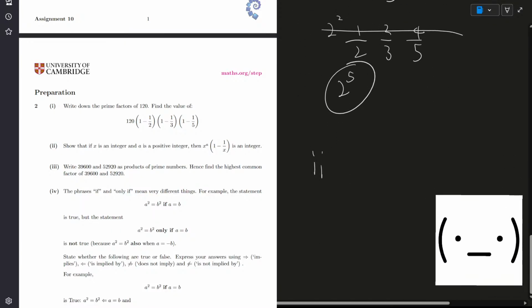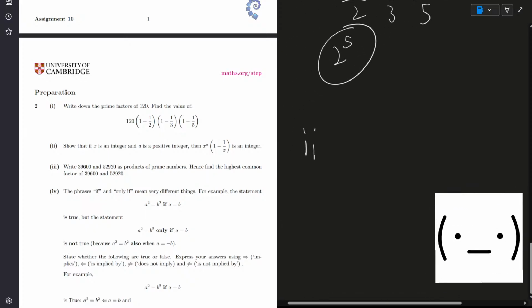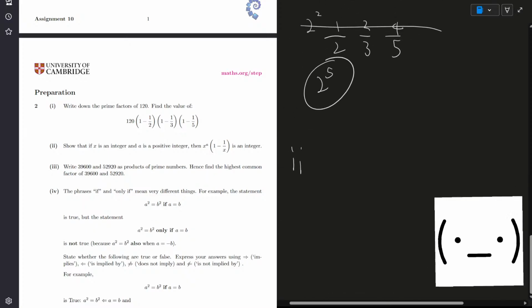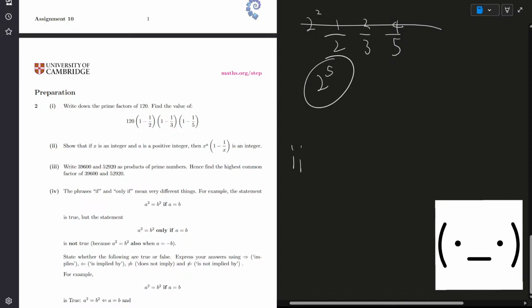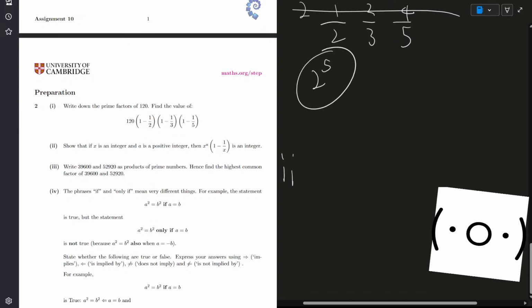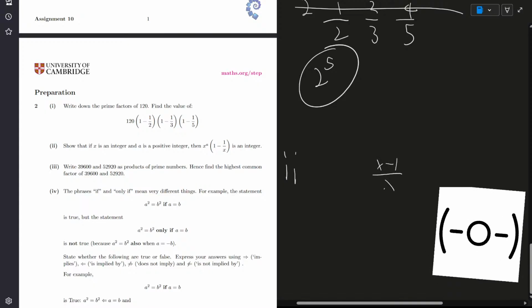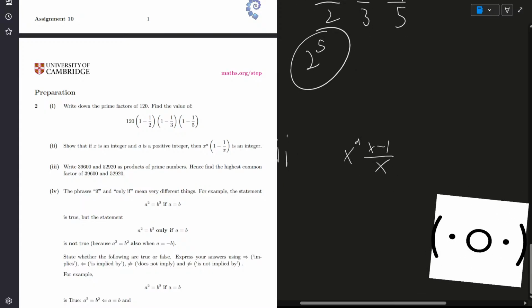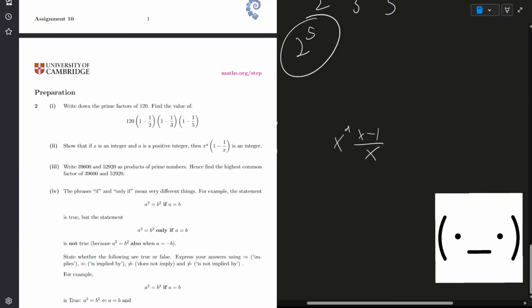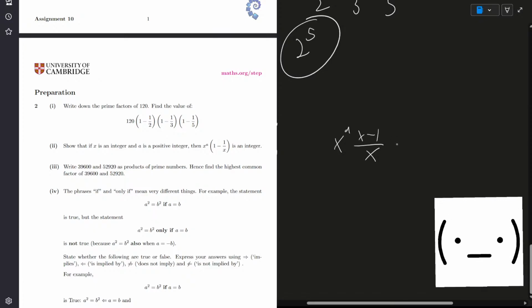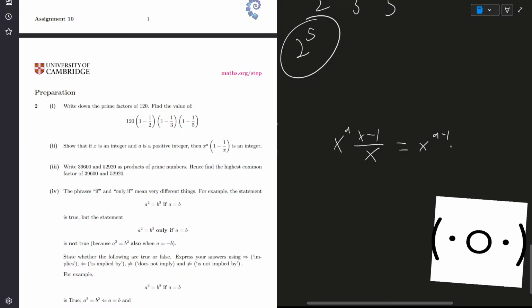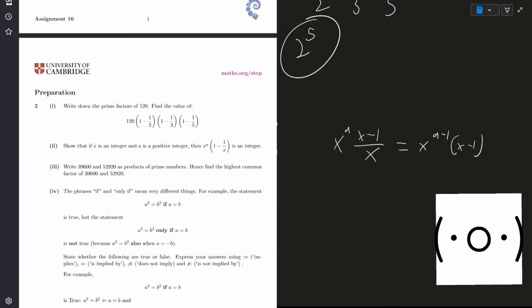Now they've asked us to show that if x is an integer and a is a positive integer, then x to the power of a minus 1 over x minus 1 is an integer. Shouldn't be too hard. So we've got x minus 1, which reduces into x minus a times x minus 1.